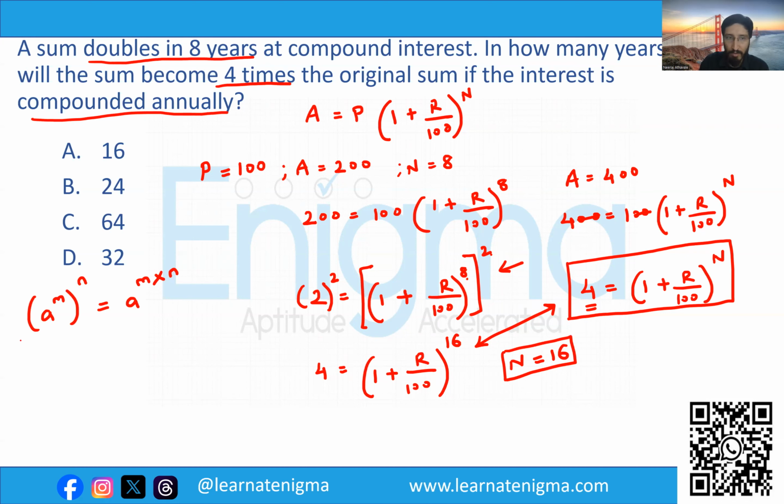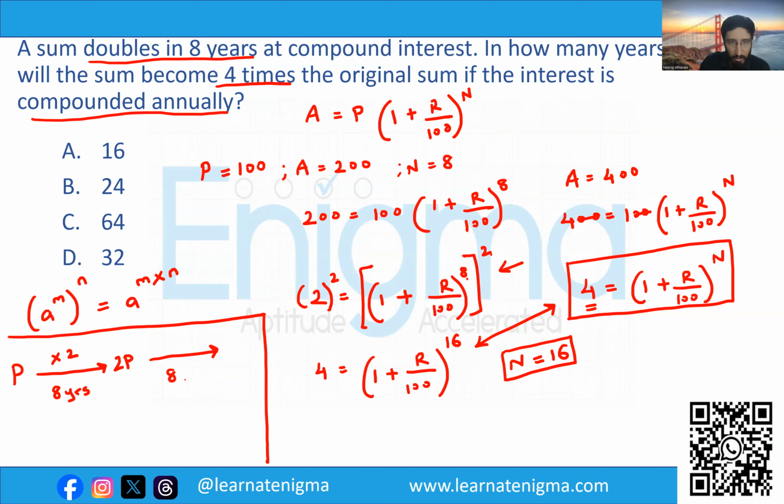Now this is one way of doing it. The other way of doing it is by understanding this concept. So P gets doubled in 8 years. So every 8 years, it will get double. So after 8 years, we are having 2P.